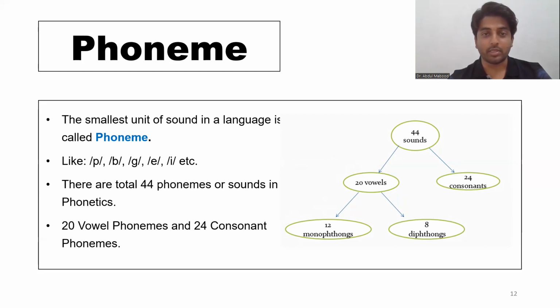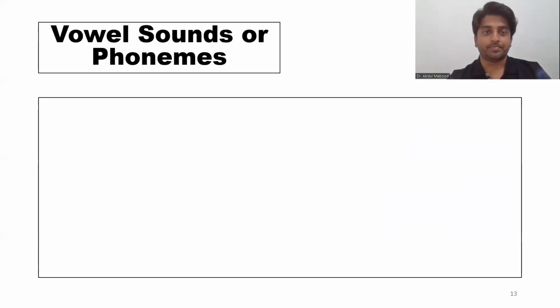The difference is that they were vowels only, but here they are vowel sounds or phonemes, and consonant sounds or consonant phonemes. We will talk more about these sounds. Let's move forward.